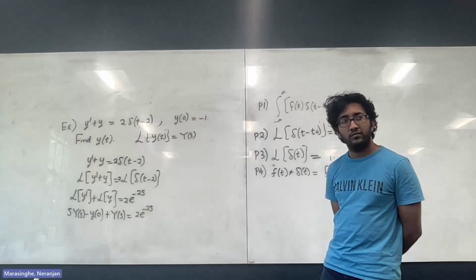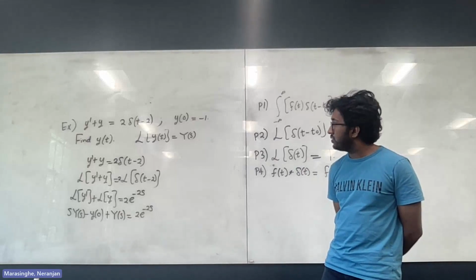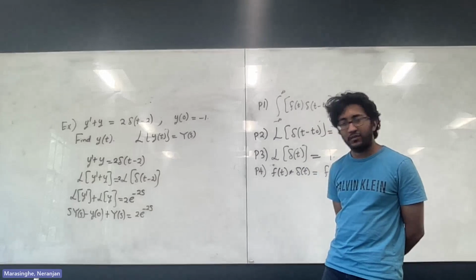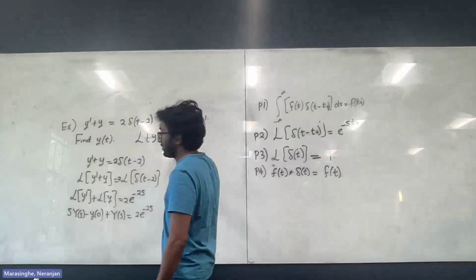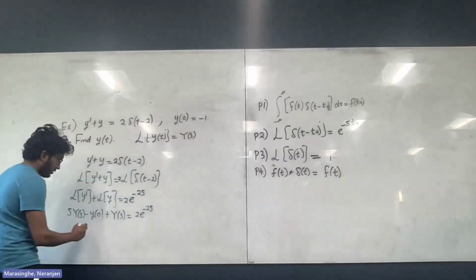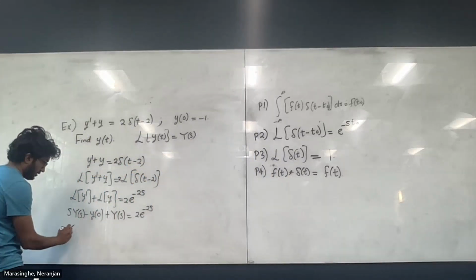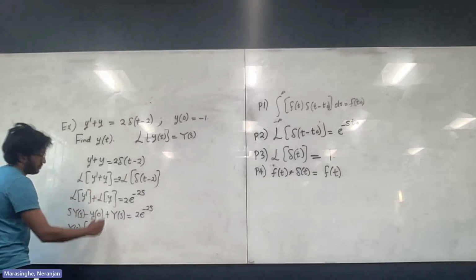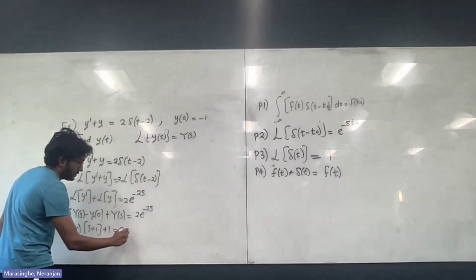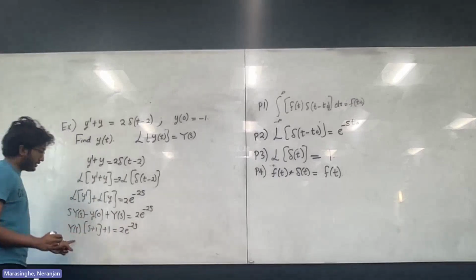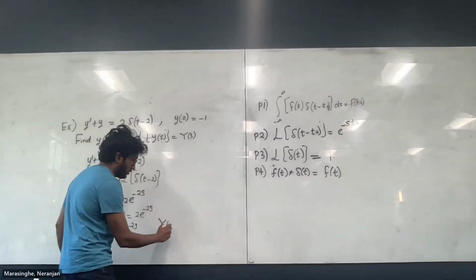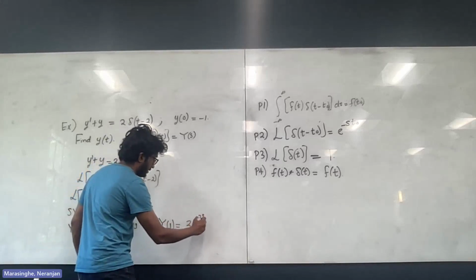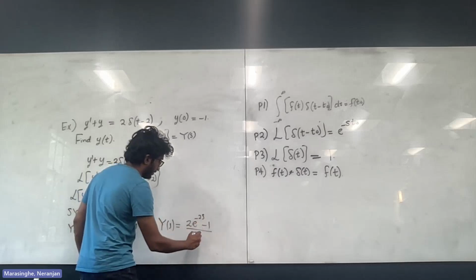Y(s) times (s + 1) minus y(0), that is plus 1, is equal to 2 times e to the minus 2s. So Y(s) is equal to (2e^(-2s) - 1) divided by (s + 1).